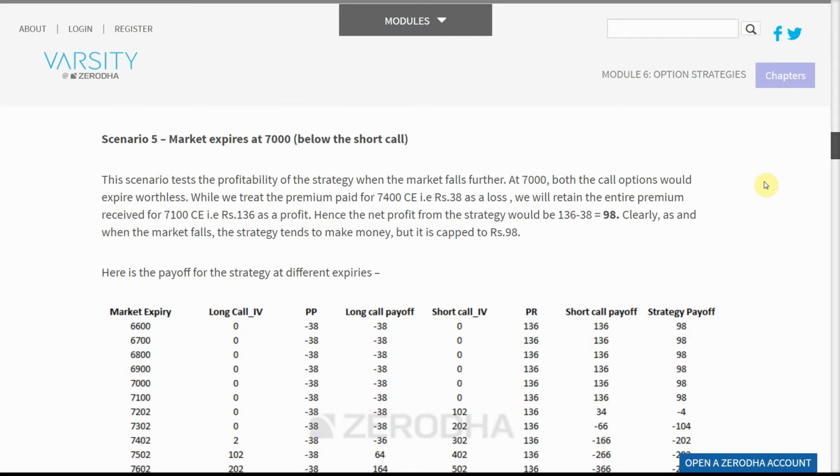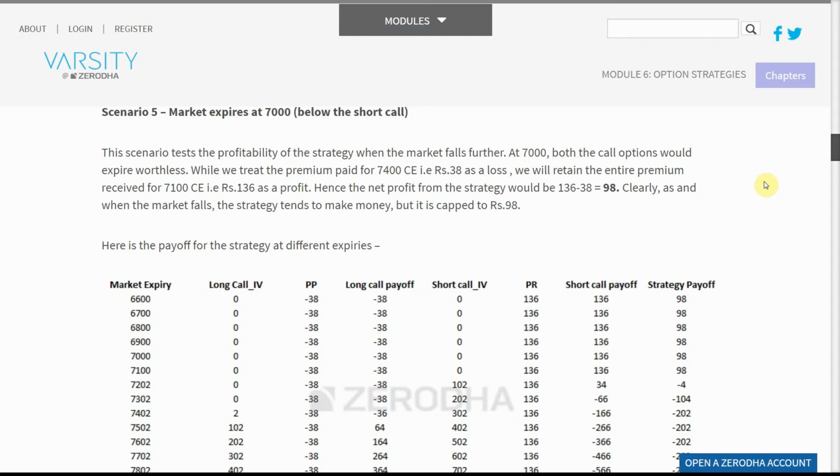We will retain the entire premium received for 7,100 CE, i.e. 136 rupees, as a profit. Hence the net profit from the strategy would be 136 minus 38 equals 98.